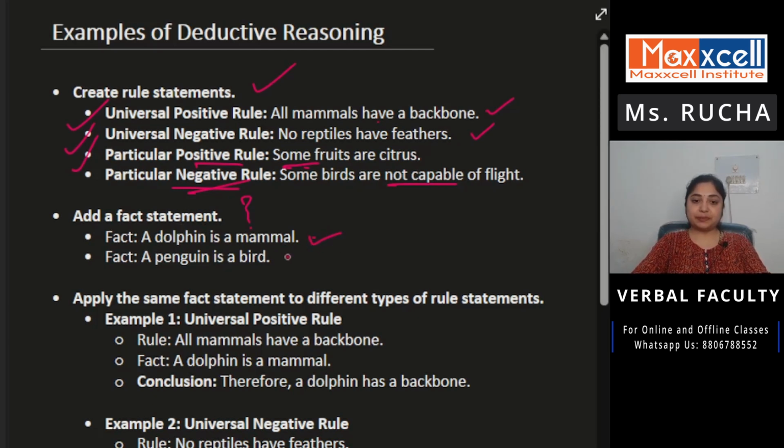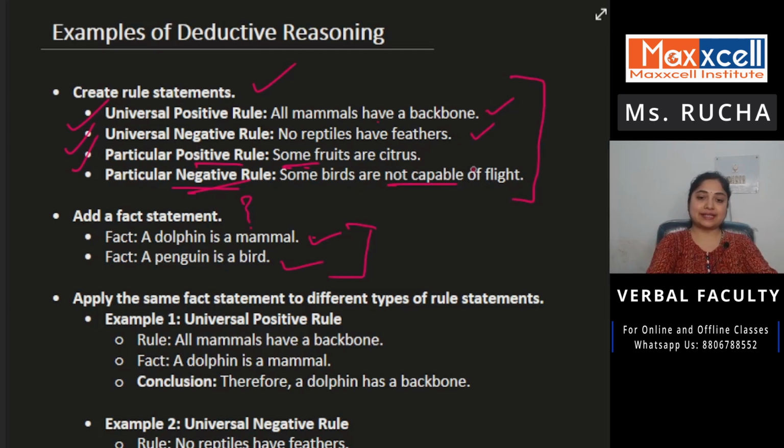This is a fact. A penguin is a bird. Again, a fact. Now, how are we going to develop our reasoning or logic? We are going to apply such fact statements to different types of rule statements, and let's see what logical conclusion we can derive. Let us get started.